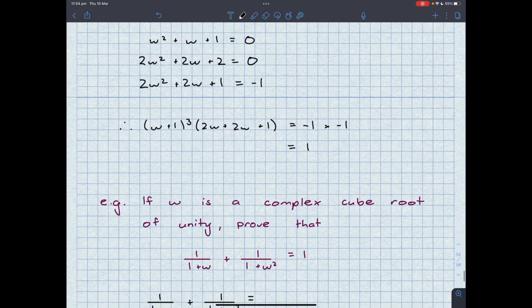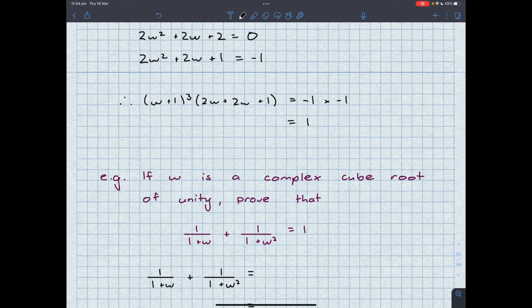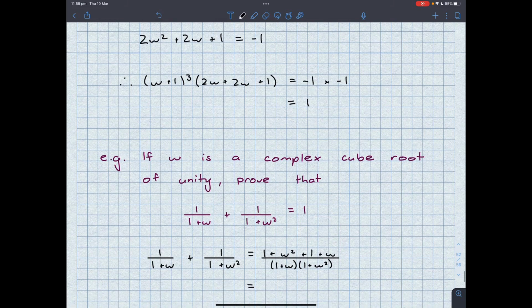Okay, so I'm going to start with those two fractions, 1 on 1 plus w plus 1 on 1 plus w squared. And I think the easiest way to go is going to be common denominator. So I'll get 1 plus w squared in my denominator. I can simplify that numerator into w squared plus w plus 2 over, and I'll expand the denominator, 1 plus w squared plus w cubed.